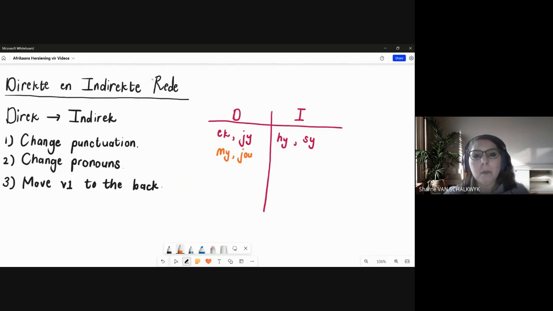So my shoes or your shoes when it is belonging, showing possession of something. Then obviously in English it's his shoes or it's her shoes. So if it's her shoes, dan is dit haar. And if it's his shoes, dan is dit sy skoene.